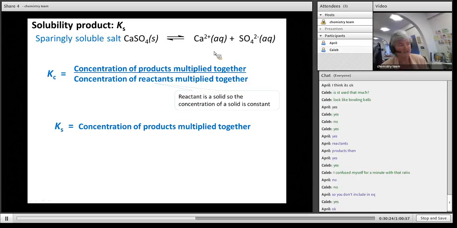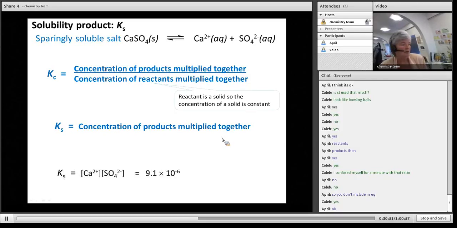It's all worked on the same principle, but we just give it an S or an A or a B so we know what it relates to. So if you get given a Ks value, you know that it's the solubility constant for an insoluble substance being broken up into its ions. So it's just because we've only got products, it's just the concentration of the products multiplied together.